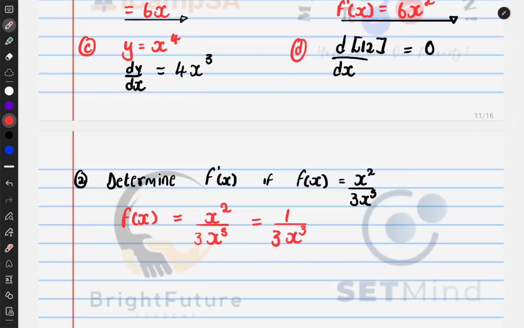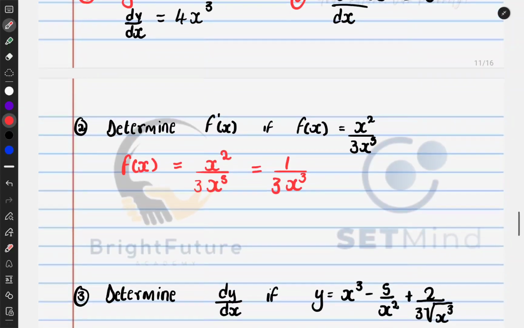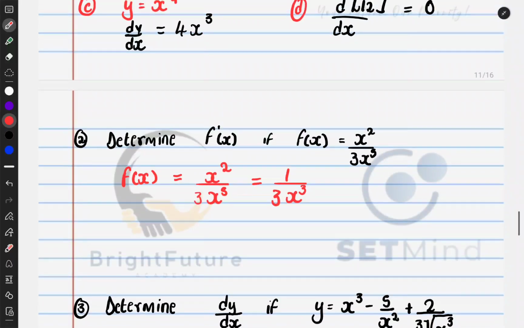And then next, we can remove the variable from the denominator. So we're gonna have 1 over 3 multiplied by x to the power of negative 3.